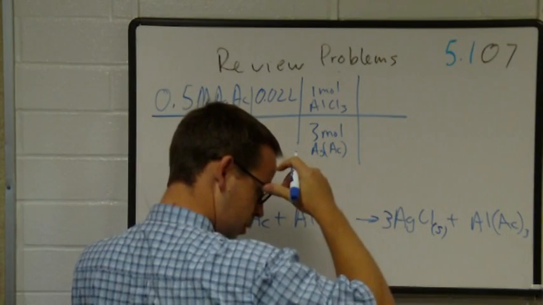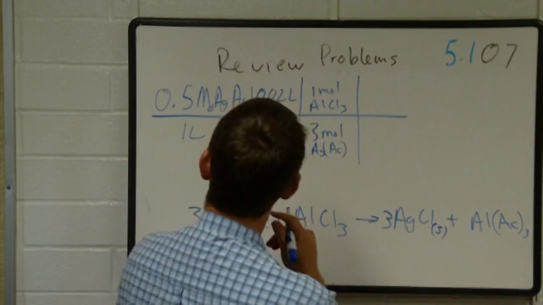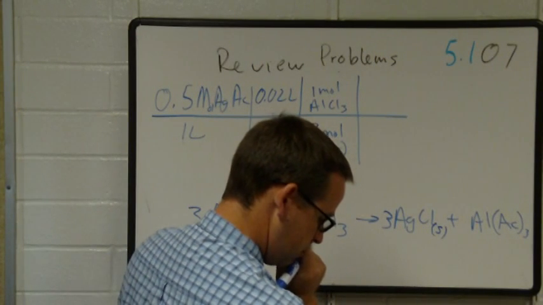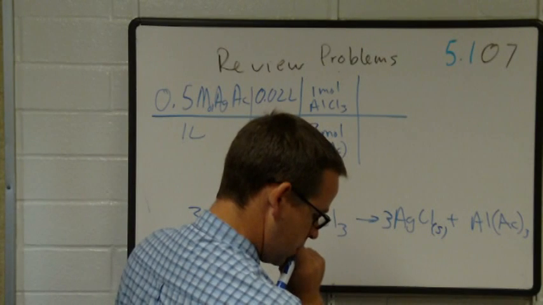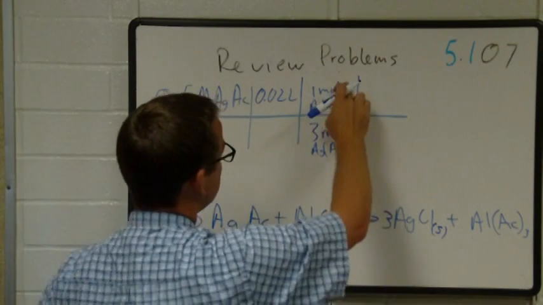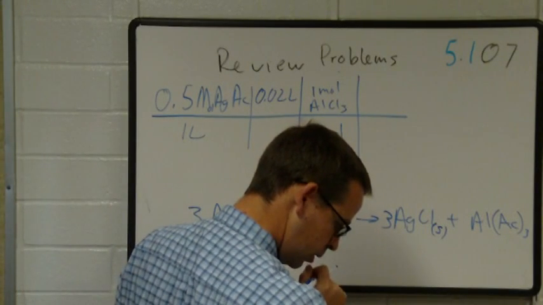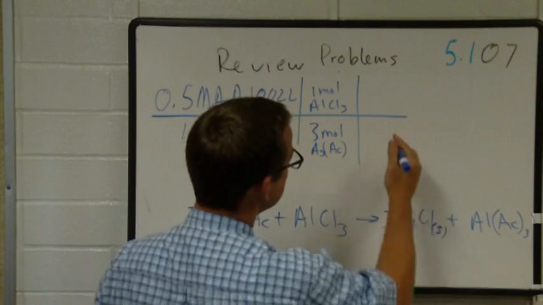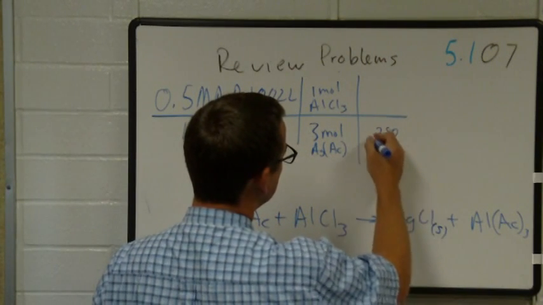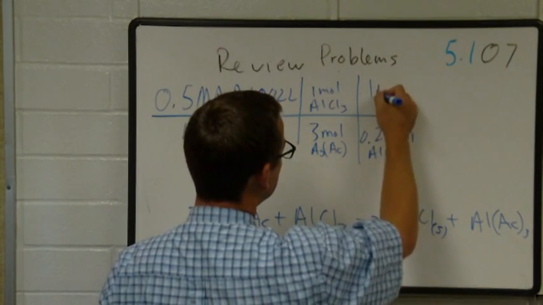We want to know how many milliliters. This is how many moles of aluminum chloride, and the molarity of aluminum chloride is 0.250 moles for every 1 liter of aluminum chloride.